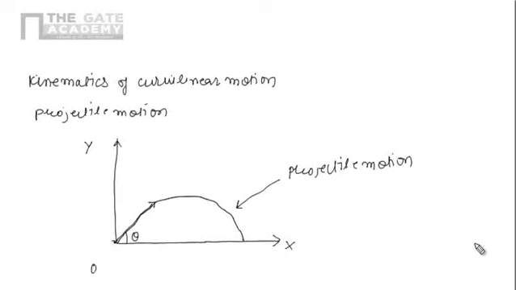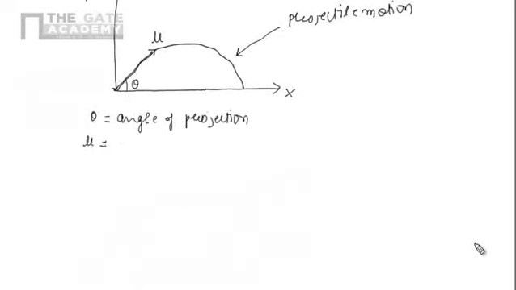Theta is nothing but the angle of projection which it makes with the horizontal, that is with the x direction. U is the velocity of projection, or we can say the initial velocity. These are the terms which are useful in projectile motion.